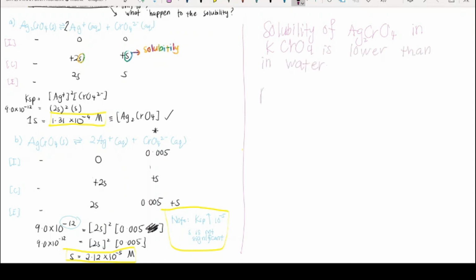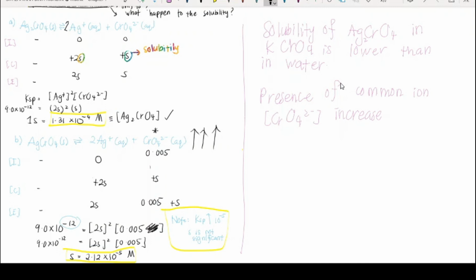This is because of the presence of common ion, which is the CrO4 2 minus, increase. So look at your solubility equation. When CrO4 2 minus increases for question B, so what would happen to the equilibrium?